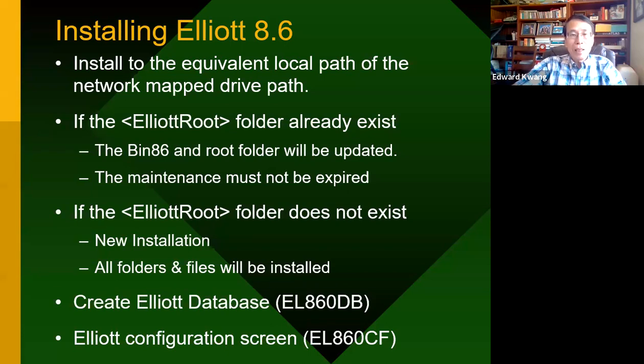In that case, we will check if your existing Elia 8.6 maintenance expiration date is expired. If it is expired, we will not let you install. On the other hand, if the Elia root directory does not exist, then we just say this is a new Elia installation. We will install everything that comes with Elia 8.6, and all the folders and files will be installed in the destination.